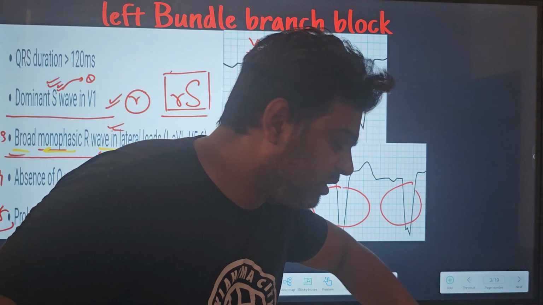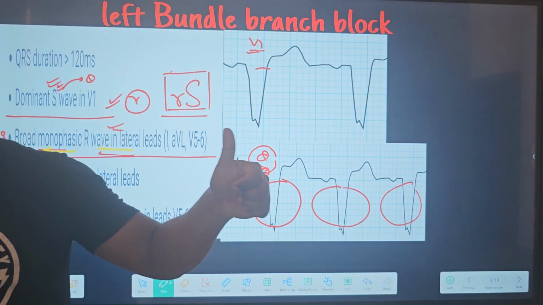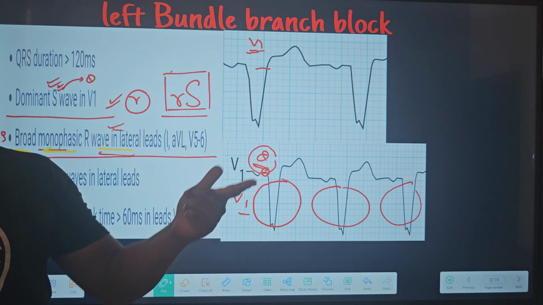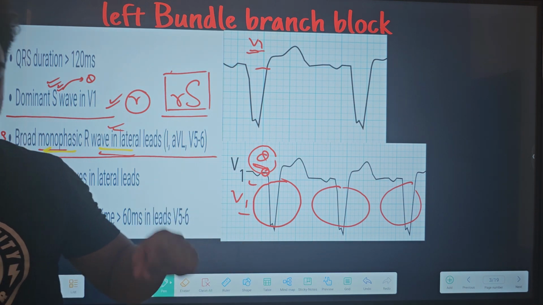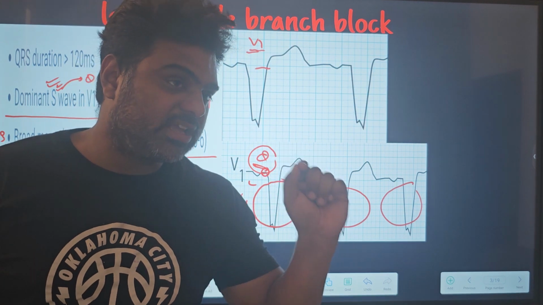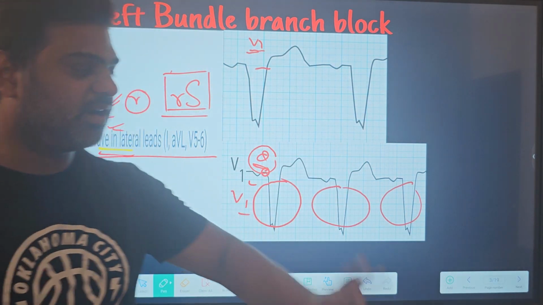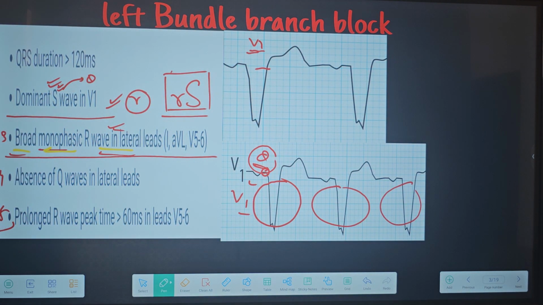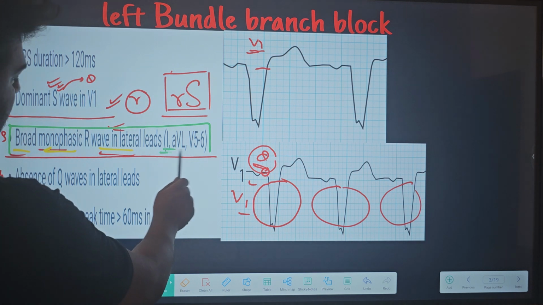So we have three criteria: QRS equal to or more than 120 millisecond. Second, in V1 we have a deep S wave which is preceded by an R wave so small that the S wave can be mistaken for a Q wave. Third, we have a broad R wave which can be monophasic, notched, or M pattern in lateral leads.